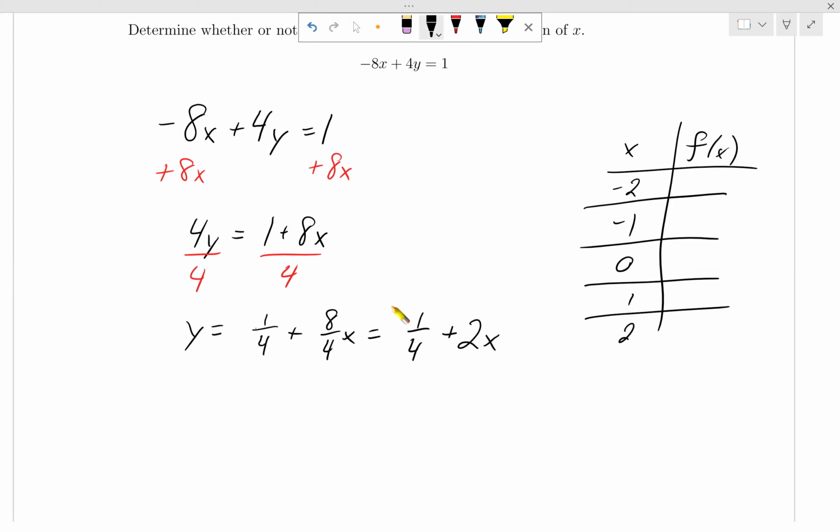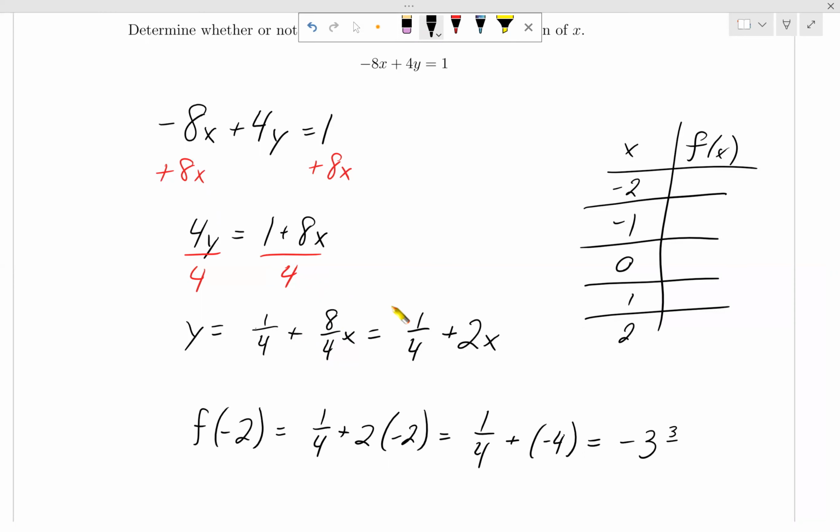If I plug in -2, y as a function of x, I'm going to have f of -2 is equal to 1/4 plus 2 times -2, which is 1/4 plus -4, which is -3 3/4.